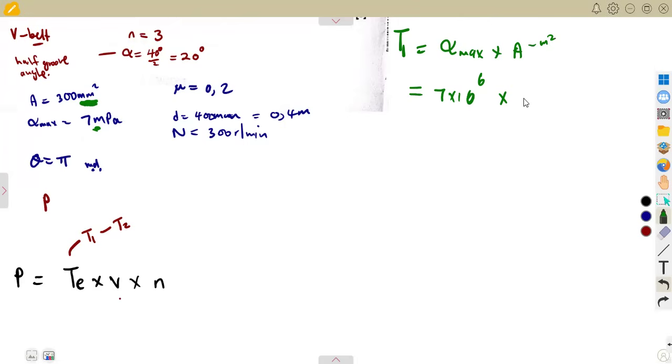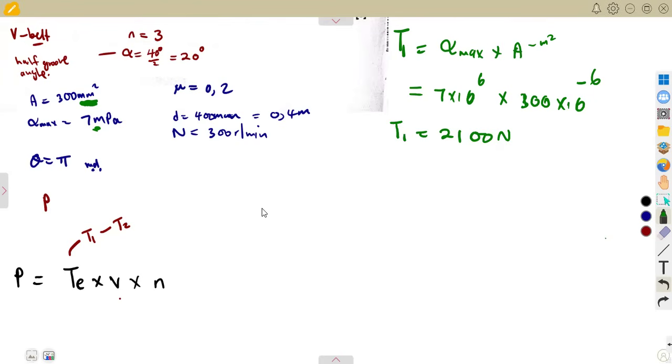To convert square millimeters to square meters, we multiply by 10 to the exponent of -6, so this will be 300 times 10 to the exponent of -6. From square centimeters to square meters, you multiply by 10 to the exponent of -4. Your answer will be in square meters, so you have to be careful with the units conversion. This gives us 2,100 Newton, the tension of the tight side, which is T1.